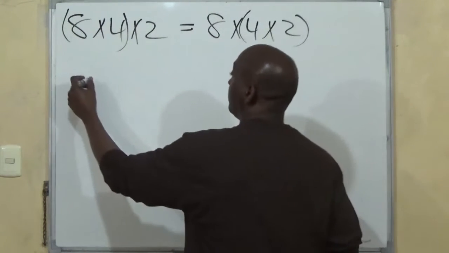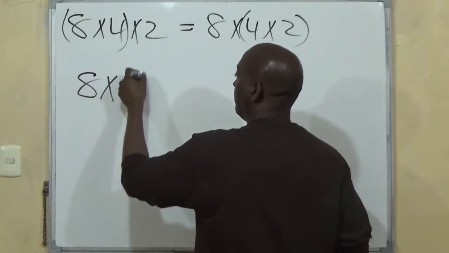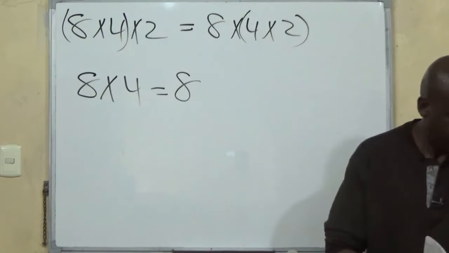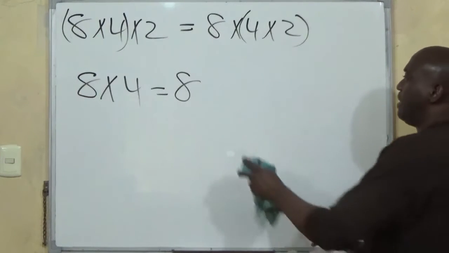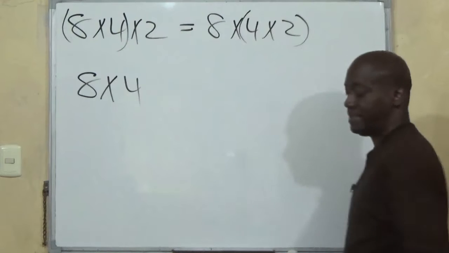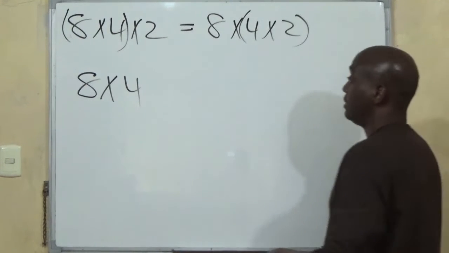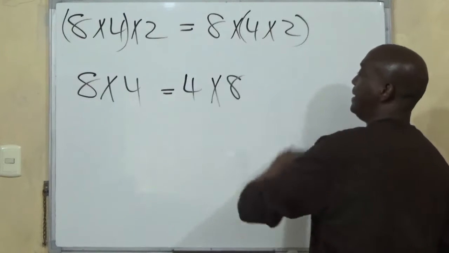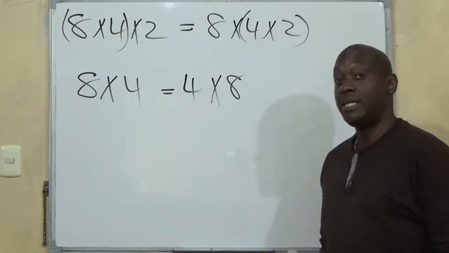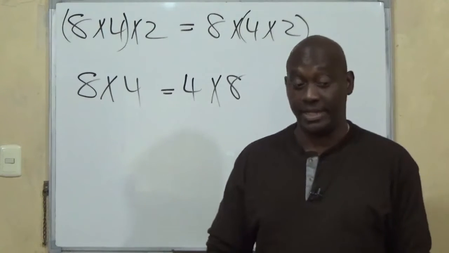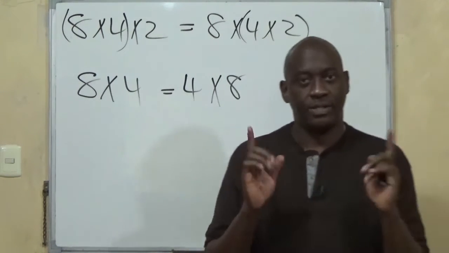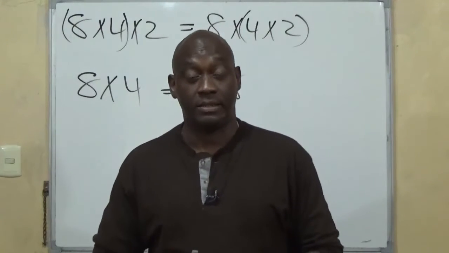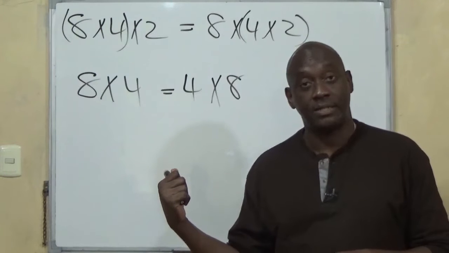In the same way, 8 by 4 is the same thing as 4 by 8. That is the commutative property of multiplication. I want to make this point, and I want to make it absolutely clear that this applies for multiplication.